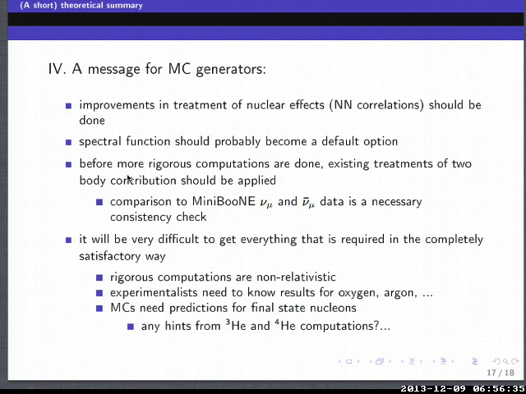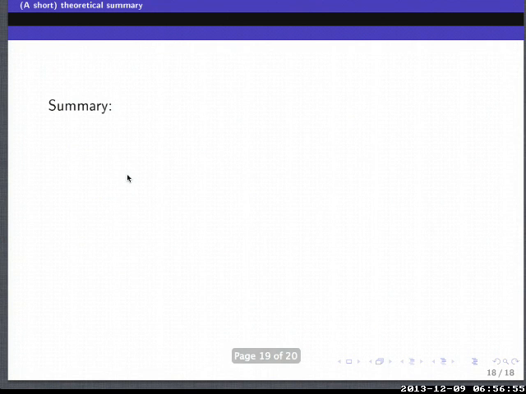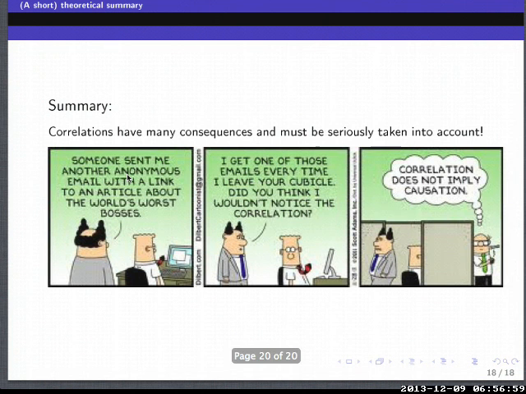So perhaps we can get already some information from existing helium-3 and helium-4 computations, because maybe this information can be somehow picked out. It would be very useful for Monte Carlos. So finally, a summary of summaries: correlations are very important, okay? Thank you.